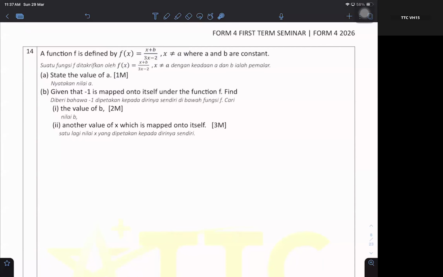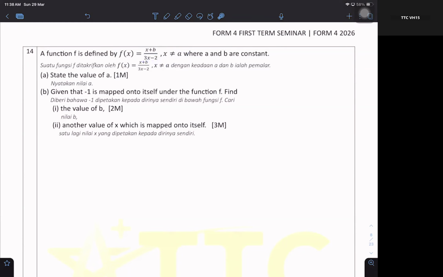Because we all know that when the bottom is zero, it is undefined. So the bottom cannot be zero. But if x is a, the bottom will be zero. So if x is a, the bottom is 3a minus 2, right?